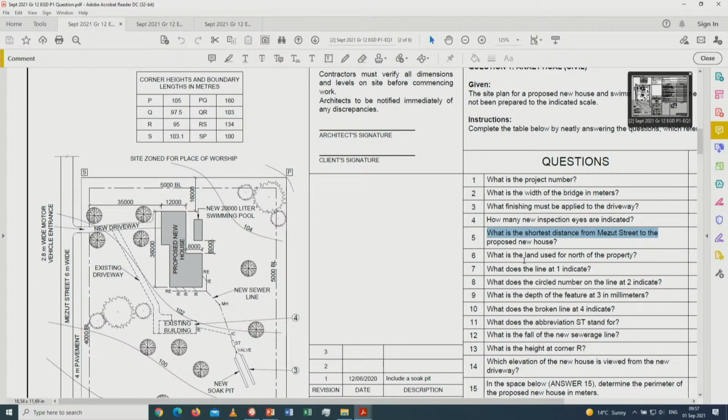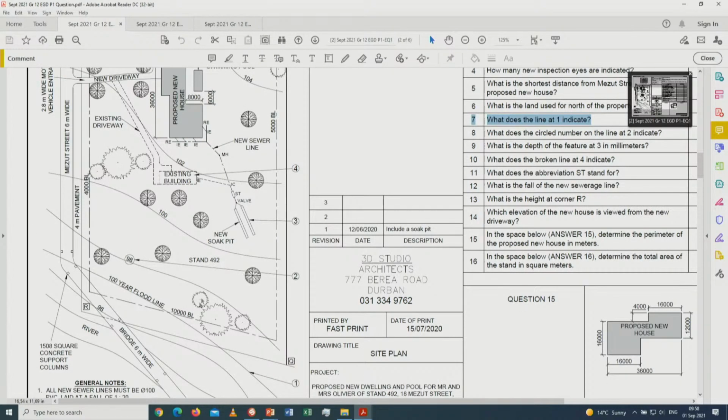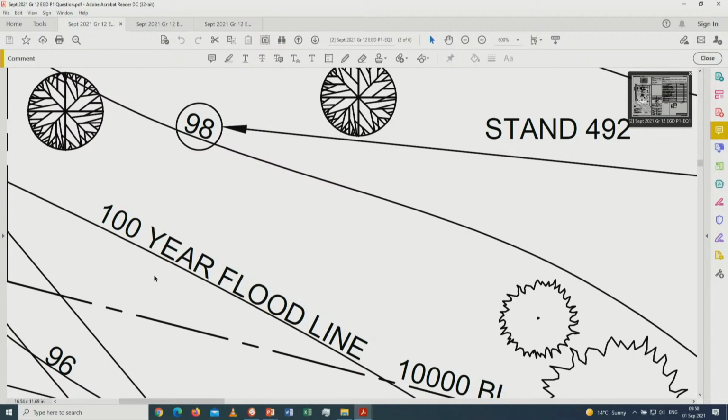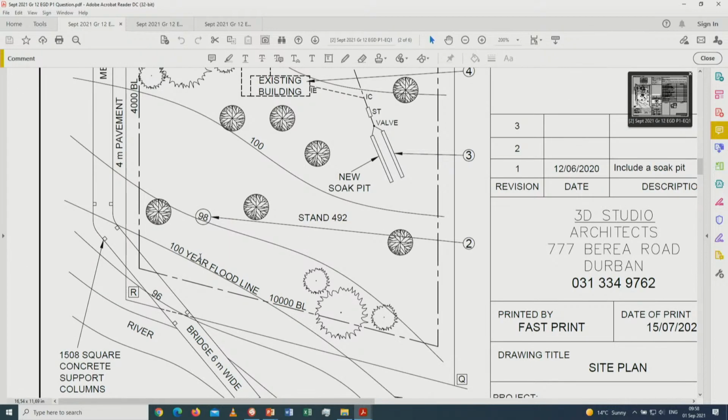All right, so what does the line at 1 indicate? Now at 1, you will see over here, there's just a line. Now you can say at first that's a contour line, but if you go further onwards, you will see it points out to you that it's a 100-year flood line that has been pointed out in this case. All right, so therefore it's not the contour line itself, it is the flood line that is pointed out. It is not to say that that is a contour interval.